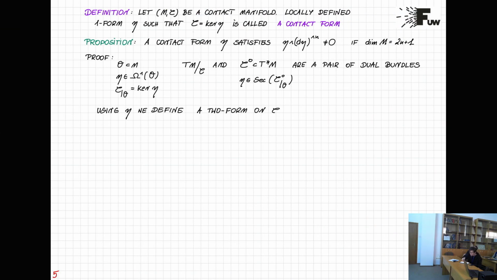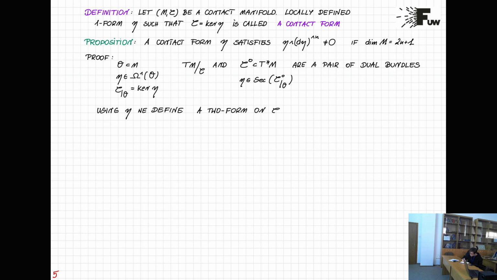So let us look at the proof, how we do that. This will be a construction that will, in a sense, reappear. And we will gain a perspective over this eta, the two form with values in the line bundle that we used for the definition of maximal non-integrability. So imagine we have some open subset over which we have a contact form, and we have this kernel locally defined also in this open subset.